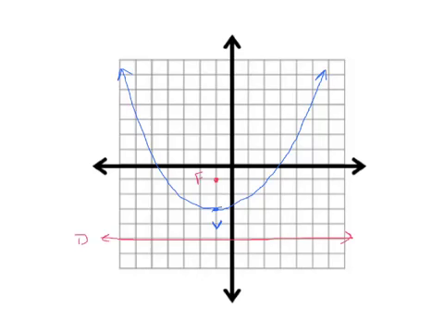Now if I moved the focus up like that, then it would spread the graph out. If I moved it closer in, then it would make it a little skinnier, because what you're doing is changing the distance between the vertex and the focus.